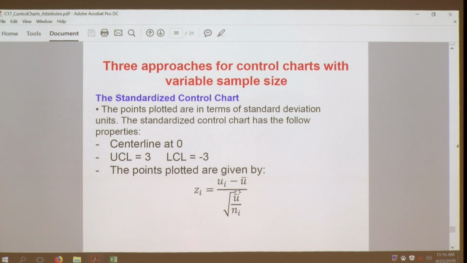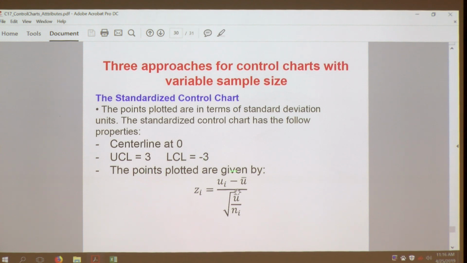So the last one is standardized. Standardized means the points plotted is like standardization, x minus mu divided by sigma. So the points plotted are in terms of standard deviation units. So the standardized control limit has the following property: center line at 0, upper control limit 3, and lower control limit minus 3.